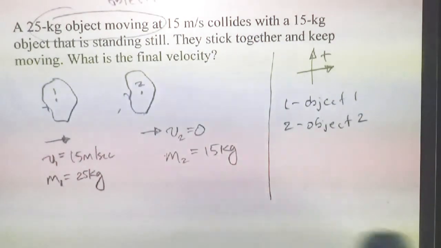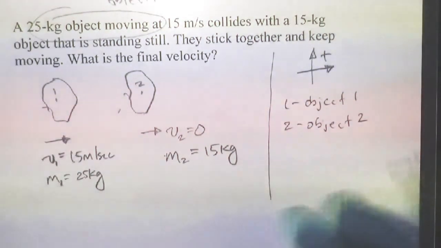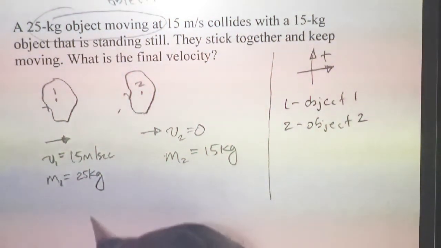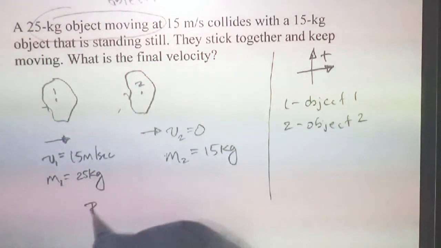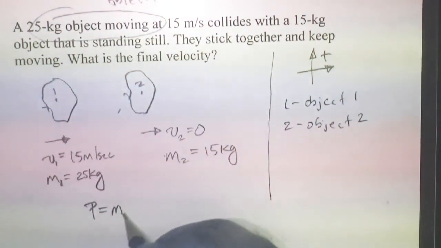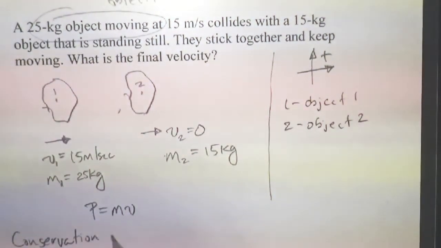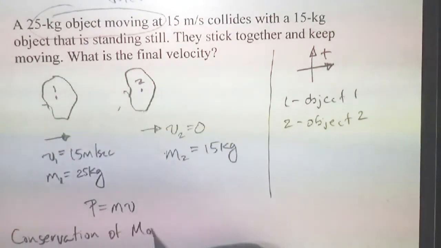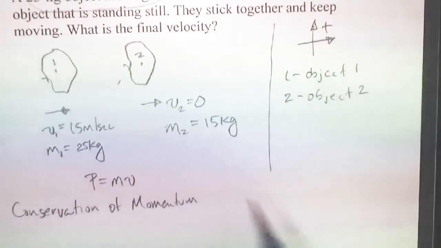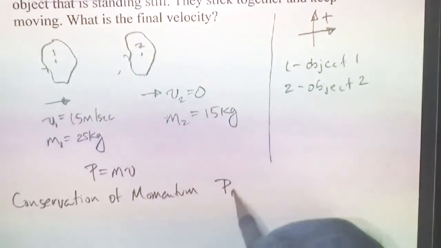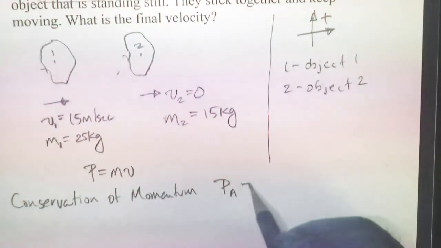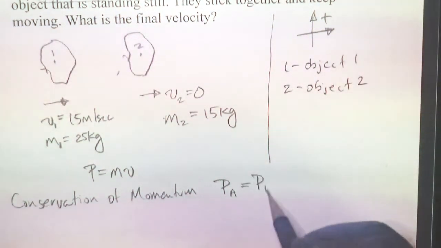So what do we know? Well, we have all the formulas of motion, and we have the formulas for momentum. And what is momentum? Momentum is nothing more than the mass times the velocity. And that applies to every object. And then we have the conservation of momentum, which states that the momentum before a collision is equal to the momentum after.